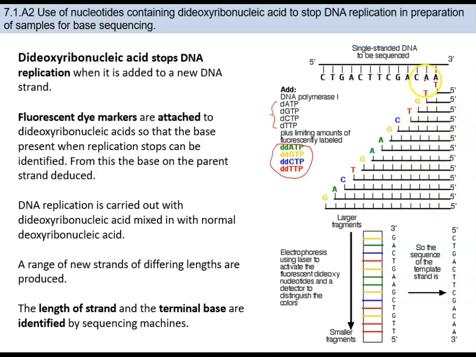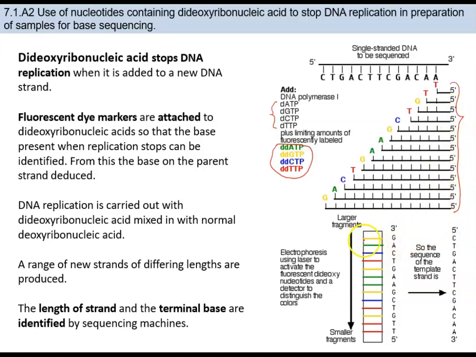For each of them we have a different size of fragment, increasing in size from here to here, until it goes to the complete length of the DNA that is replicated completely. So we have completely different sizes.